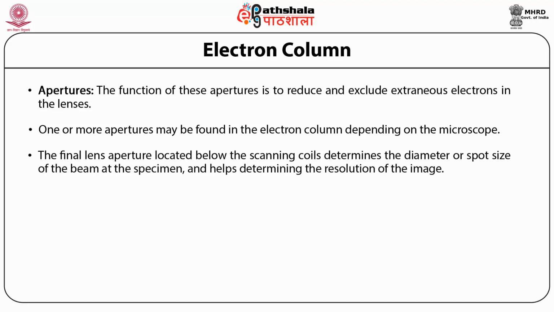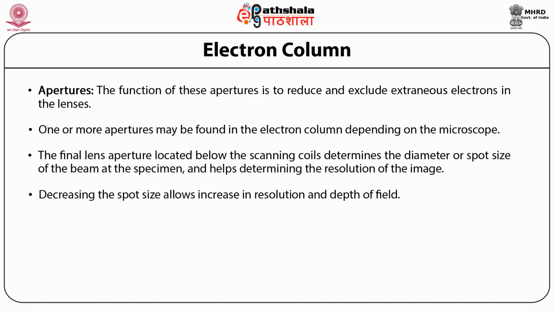The final lens aperture, located below the scanning coils, determines the diameter or spot size of the beam at the specimen and helps determine the resolution of the image. Decreasing the spot size allows an increase in resolution and depth of field.